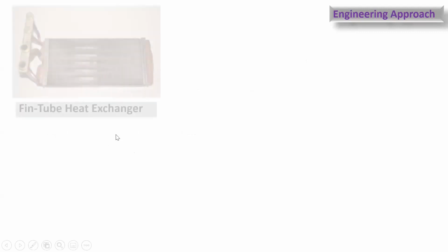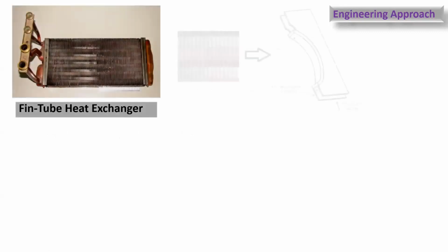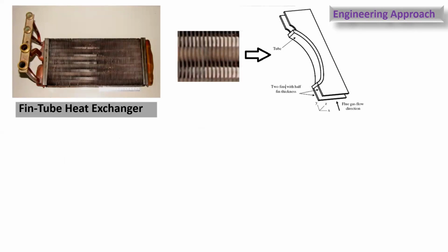So let me brief about this engineering approach which I explained just now, because you might have understood what the governing equations are as of now. In this case, the domain is a fin tube heat exchanger. That means its objective is to solve the energy equation, right? And also momentum and mass. All three will come.